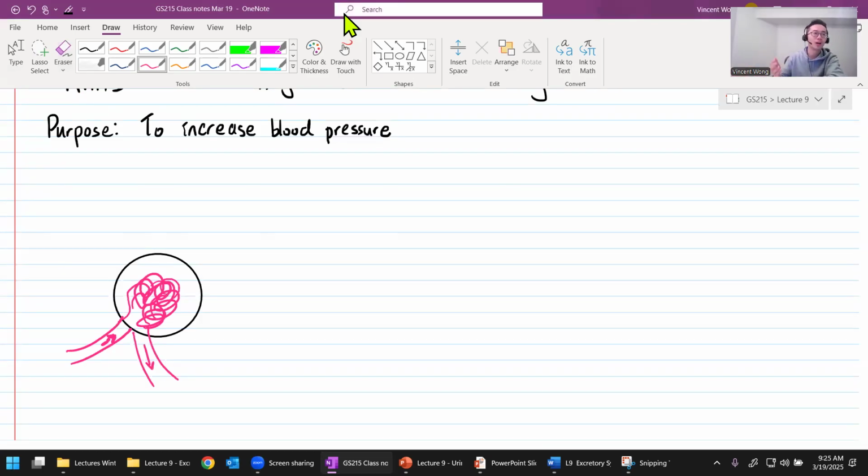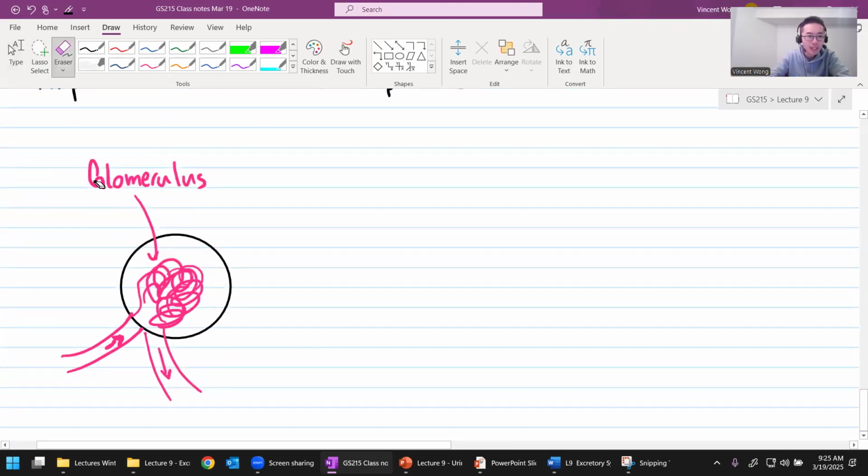Oh my goodness. Okay, thank you. Just at the point of despair, someone said the right answer. Yes, this is the Bowman's capsule, and this is the glomerulus, right? Now listen. The glomerulus is receiving blood from the afferent arteriole.